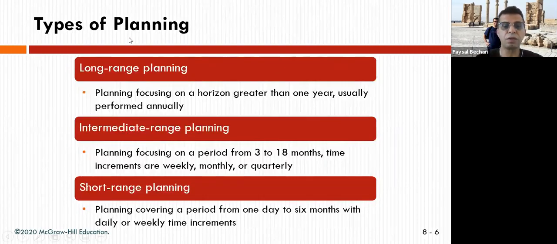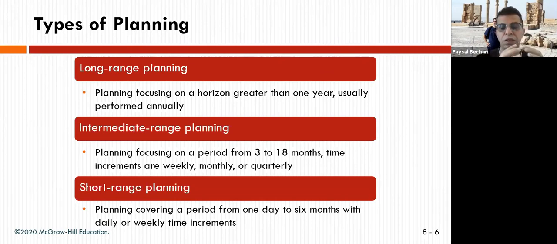Now, there are types of planning. There is long-range planning, which is planning focused on a horizon greater than 1 year. So within 1 year, you will see how things are happening. Intermediate planning is usually between 3 months and 18 months, with time increments that are weekly, monthly, and quarterly.